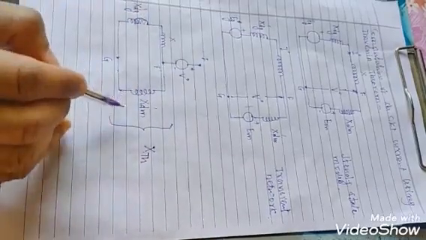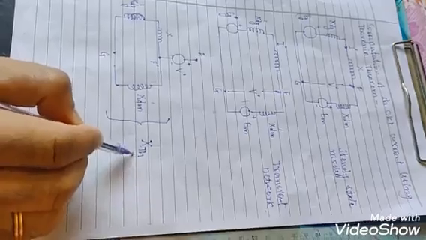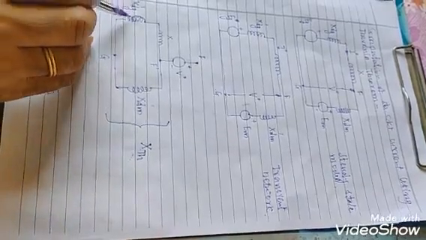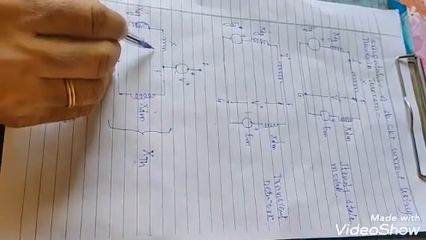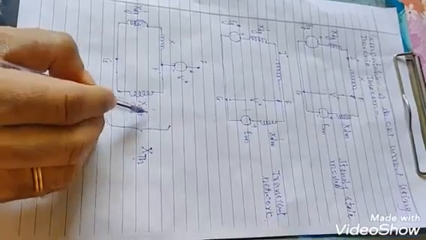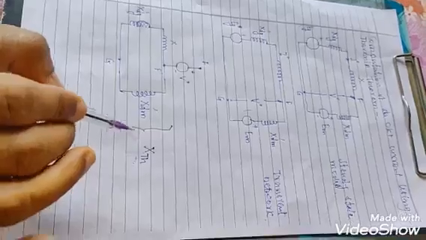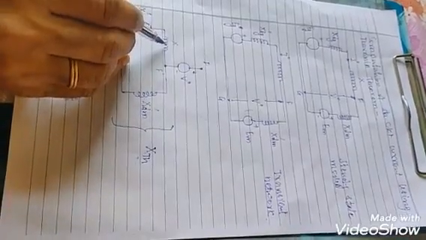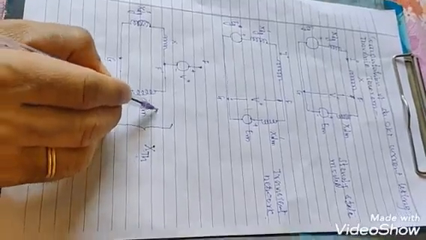Resultant of this will be XTH, and this is equal to XDG dash plus X multiplied by XDM dash and divided by XDG dash plus X plus XDM dash.